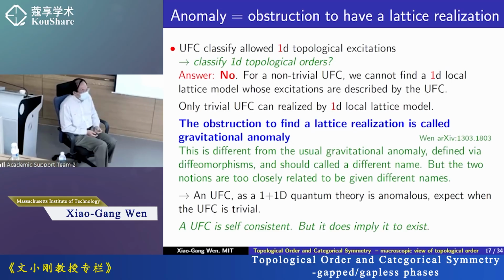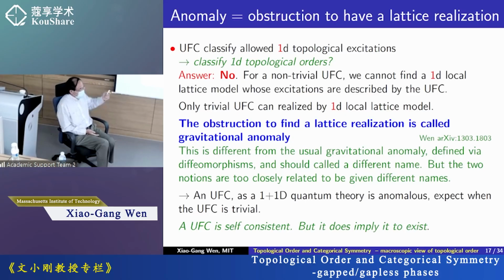So what we did here is use some macroscopic considerations to define a self-consistent theory for one-dimensional excitations, like defining a field theory at long distance. Then we ask the next question: is this self-consistent field theory really consistent at the lattice scale? The answer is no.